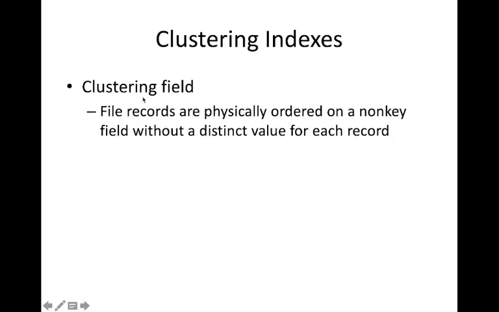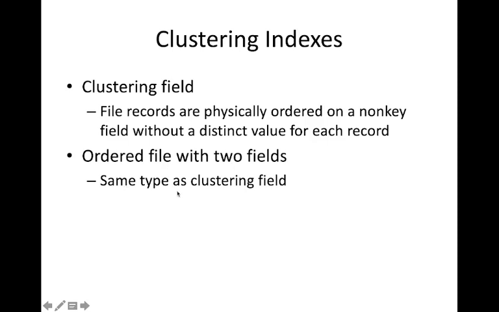So here the clustering field means the file records are physically ordered on a non-key field without a distinct value for each record. A clustering index consists of an ordered file with two fields. It is similar to the primary index: the first field is of the same type as the clustering field, and the second is a disk block pointer.